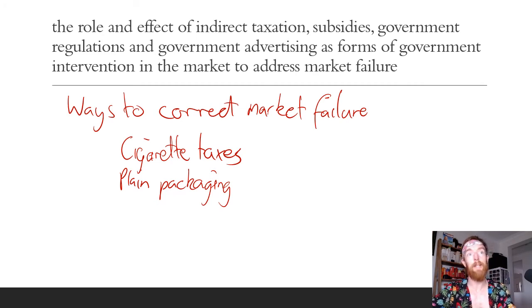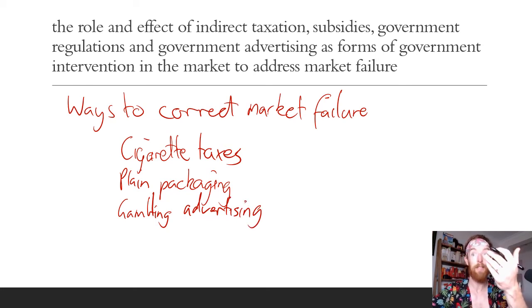Advertising about gambling, so that obviously the negative parts of it, all the government disclaimers, all that is designed to prevent or correct market failure and try and fix the allocation of resources to maximize living standards to hopefully achieve that allocative efficiency.